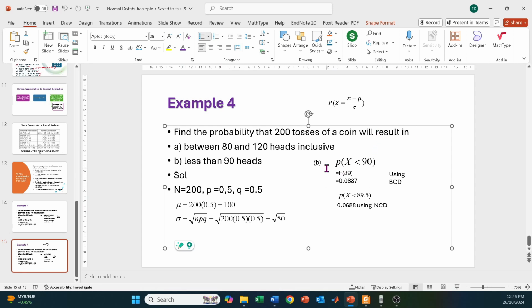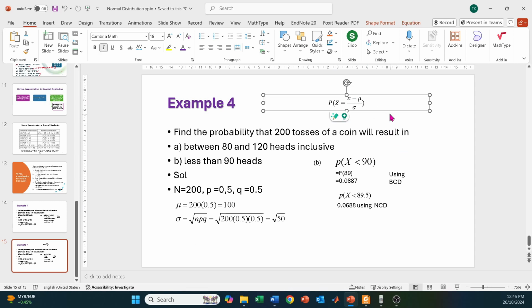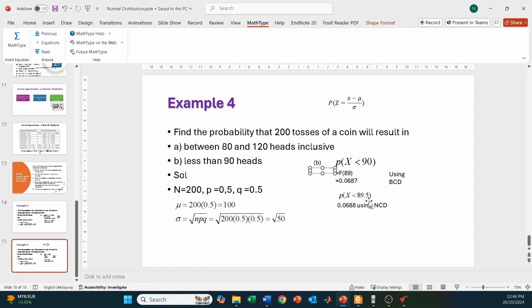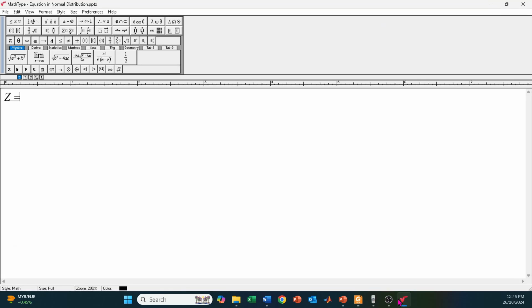Okay, let's check using question B. When I count my z, x in this case is 89.5, because we would like to correct it using normal distribution.